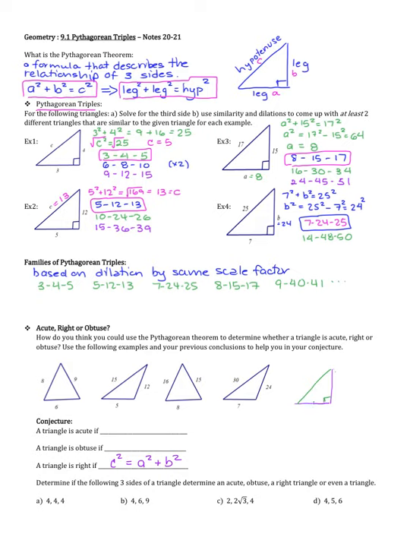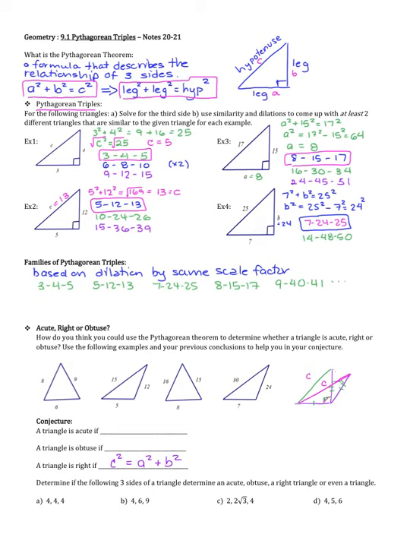Now, if I keep these two legs the same length, but I open the angle up, what happens is, in order to draw what used to be the hypotenuse, side C, when I open that angle up, it has to become longer.